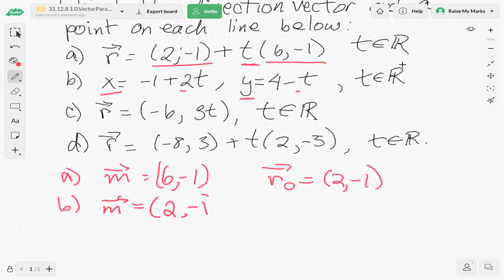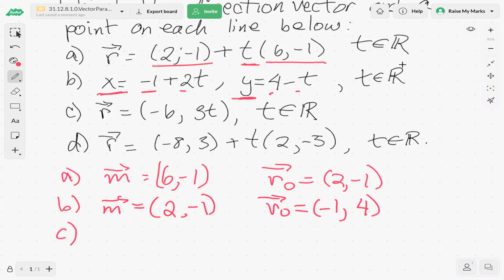That's the y coordinate of our direction vector. Now for a point on the line, again we look at each coordinate and at the constant term. In the x coordinate, the constant term is -1. For the y coordinate, the constant term is 4. So one point on our line is (-1, 4).